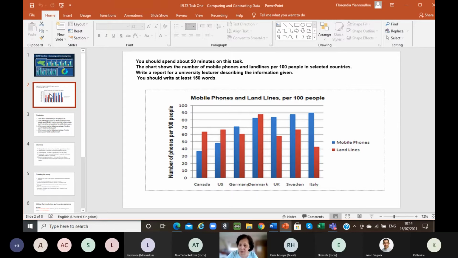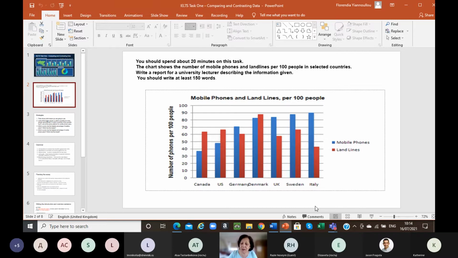Then there is lexical resource. That's your vocabulary. Then you have a separate score for grammar. Now, in the grammar score, they will note that you are using the correct tense. So again, for this one, because it's what's generally true for those countries, you use the present tense.